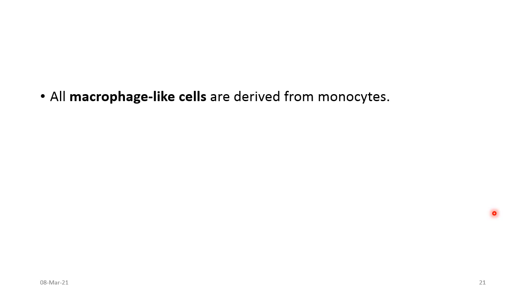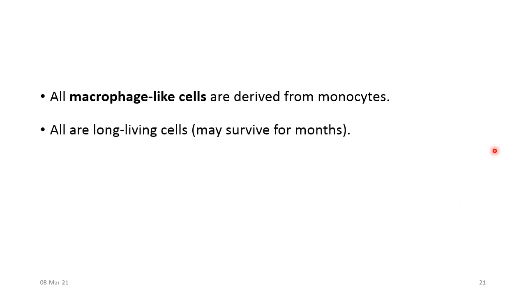All macrophage-like cells are derived from monocytes, so they are monocyte-derived. The macrophage-like cells, in addition to the macrophages known in the connective tissue, together make a system called the mononuclear phagocyte system. And all macrophage-like cells are long-living cells, which may survive for months.